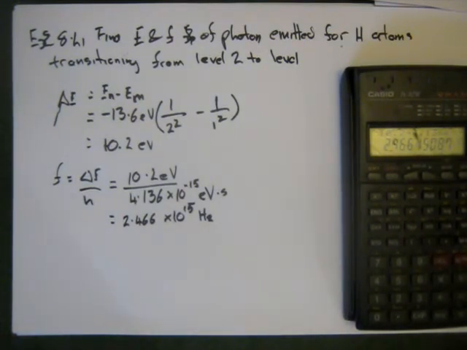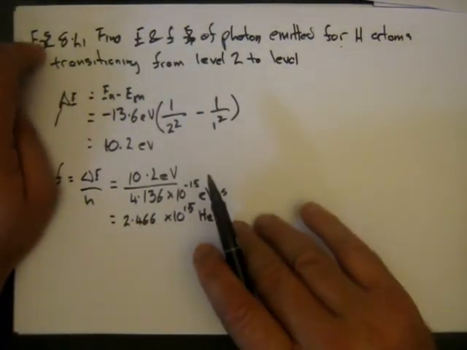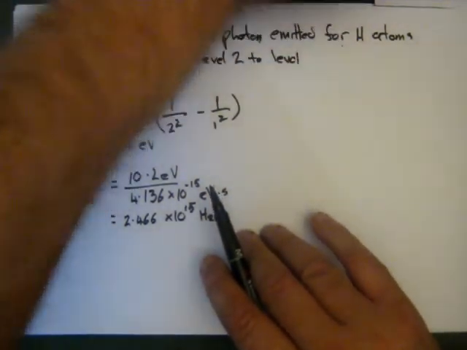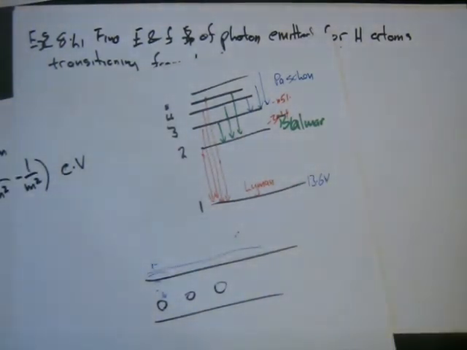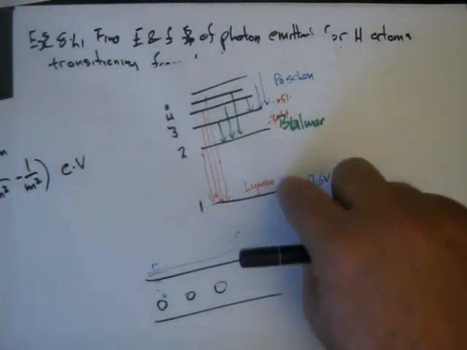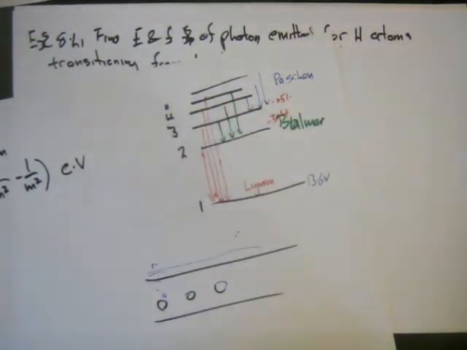And so, it's pretty cool. The big takeaway you have to remember from this one is that the energy levels an electron can have are quantized, so it can be at level 1, level 2, level 3, level 4. So it's very specific.